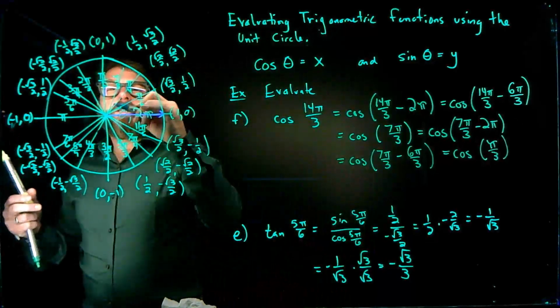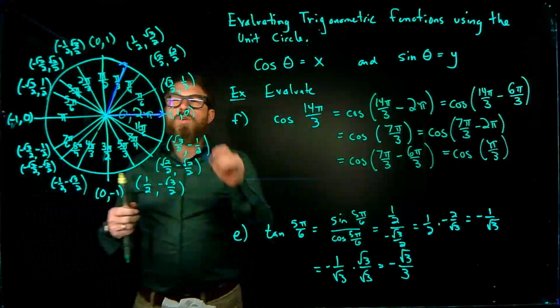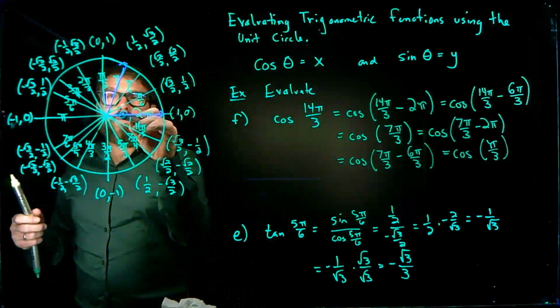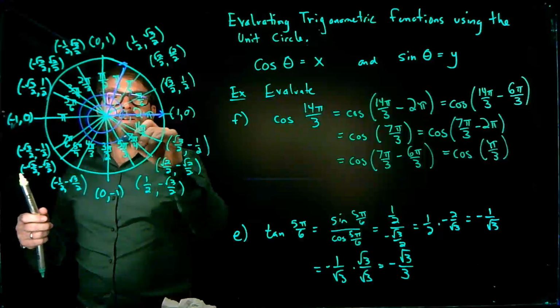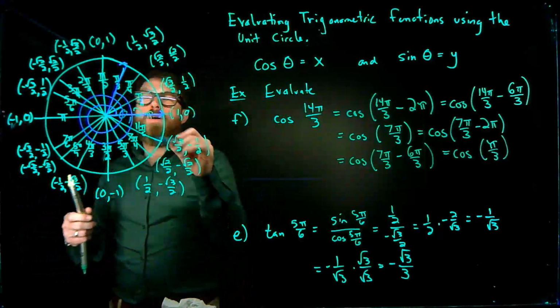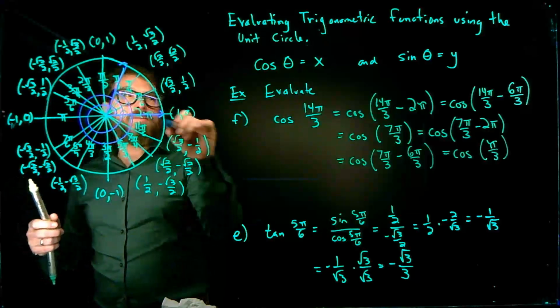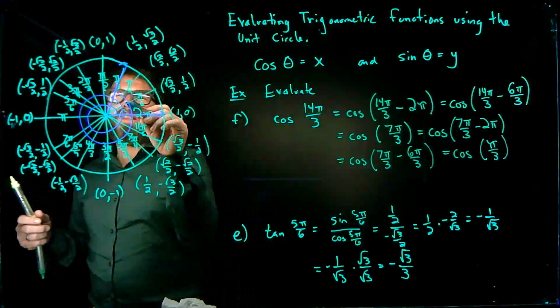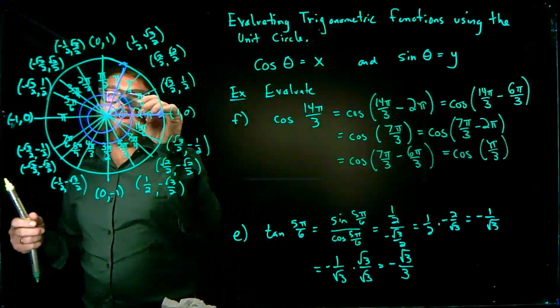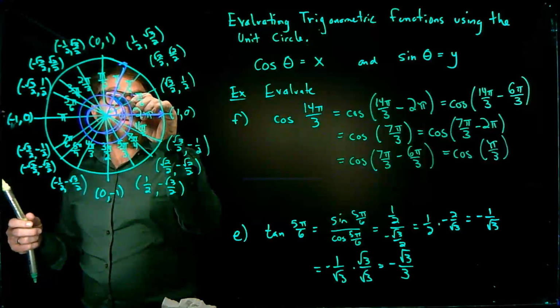So let me take you through the angles here. 14 pi over 3 is actually this. It went around more than twice. Now, if I went around just to 7 pi over 3, what that means is I went around once, from here to here, so that would be 7 pi over 3.